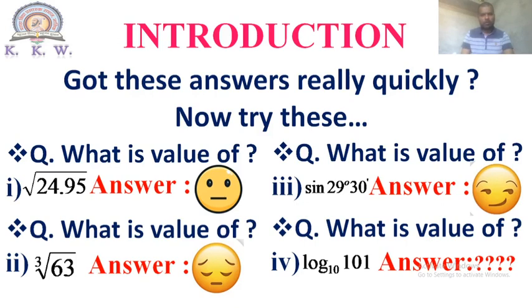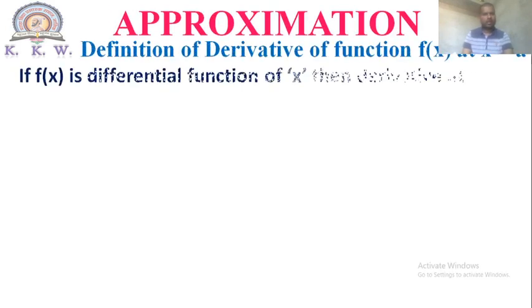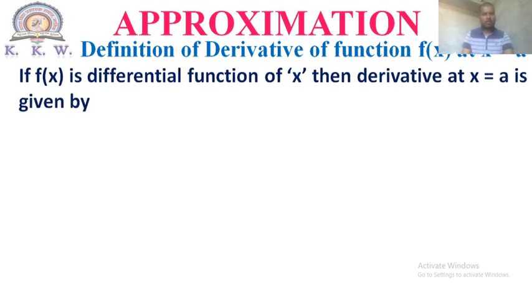Before that, we will see the definition of derivative of function f of x at x is equal to a. The definition is, if f of x is a differentiable function of x, then the derivative at x is equal to a is given by f dash of a is equal to, as h tends to 0, f of a plus h minus f of a upon h.